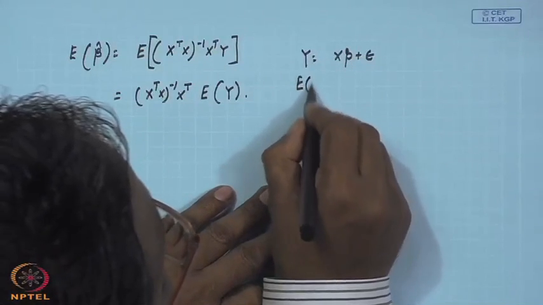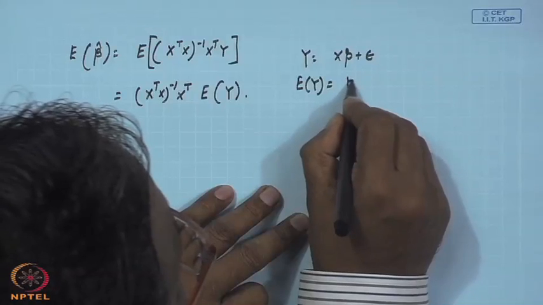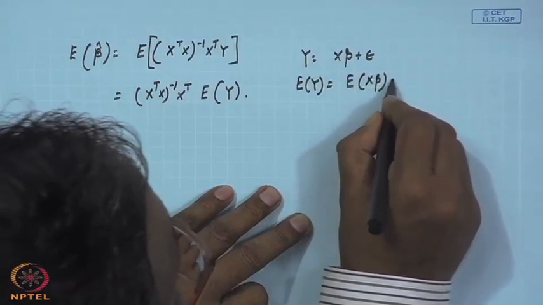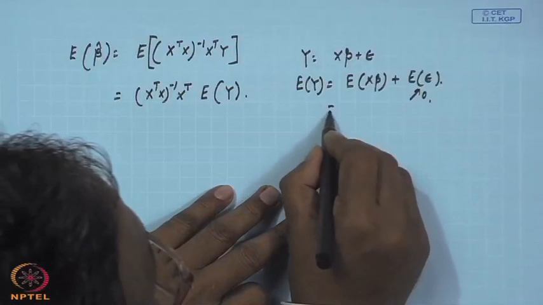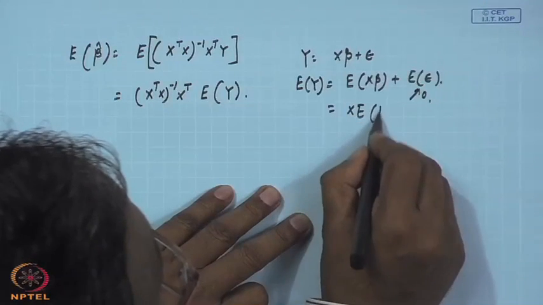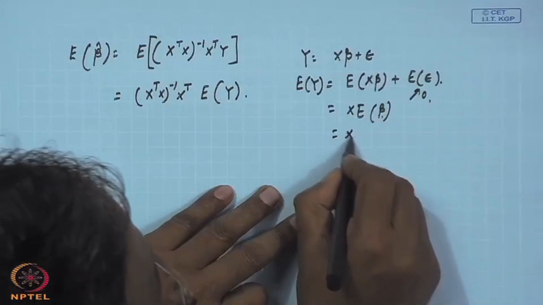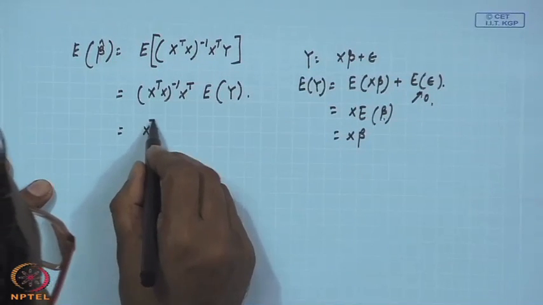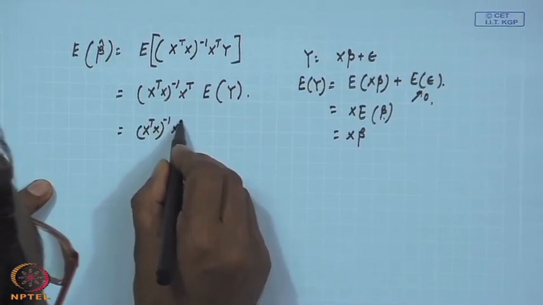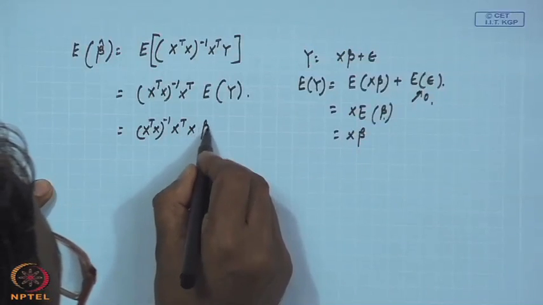Then expected value of Y is expected value of X beta plus expected value of epsilon, and this is 0. So, this one is X, expected value of beta, beta is constant. So, it is X beta. So, I will put here X transpose X inverse X transpose X beta.